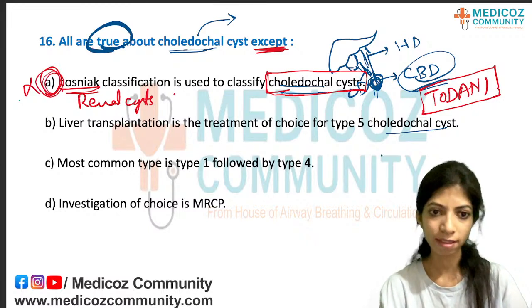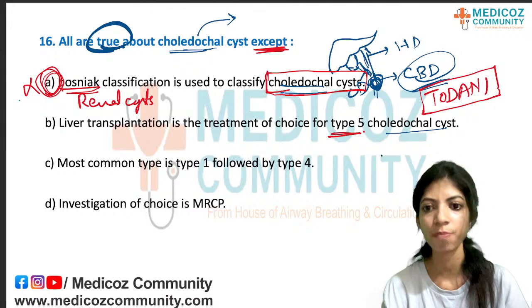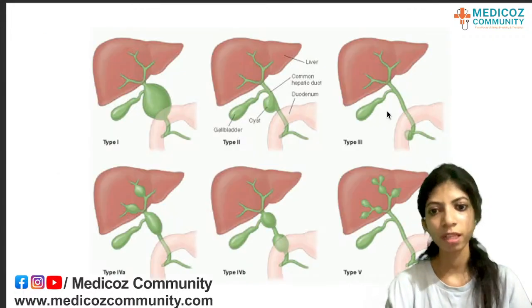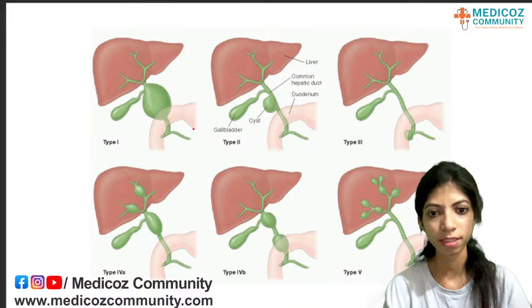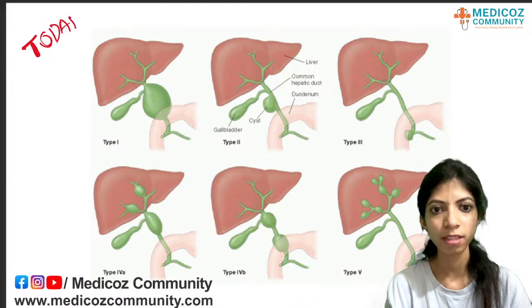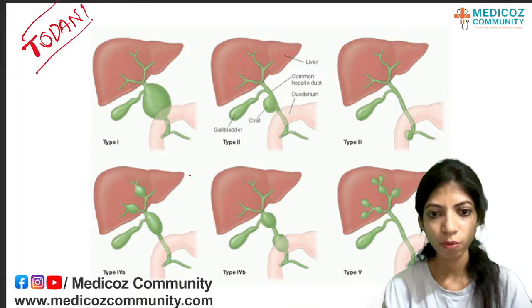But let's see the second option, which is option B. Liver transplantation is the treatment of choice for type 5 choledochal cysts. So first of all, let us see the types of the choledochal cyst. So these are the different types of choledochal cysts. First of all, what is this classification? It is Todani's classification. And what is type 1?